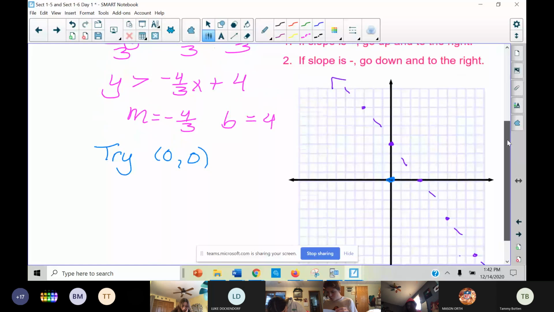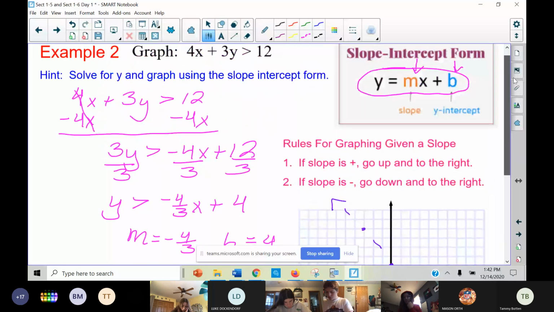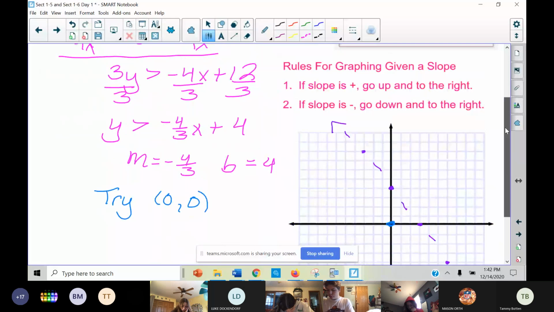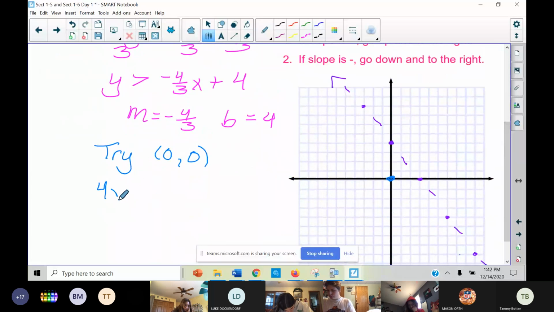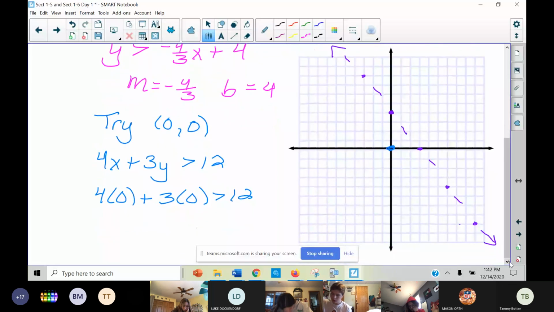And then I'm going to go back up to the original equation, 4x plus 3y is greater than 12. And I'm going to put 0 in for x and 0 in for y, and see if this is a true statement. So 4 times 0 is 0, plus 3 times 0 is 0. 0 plus 0 is 0.